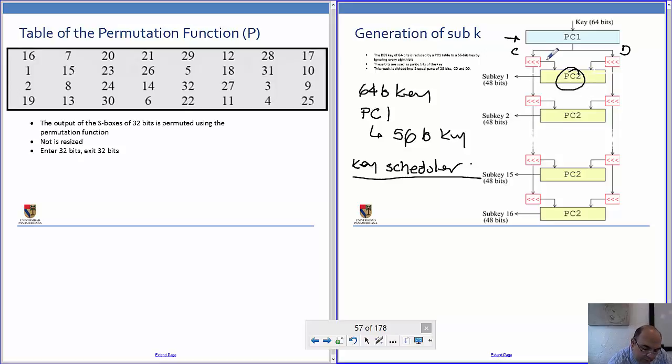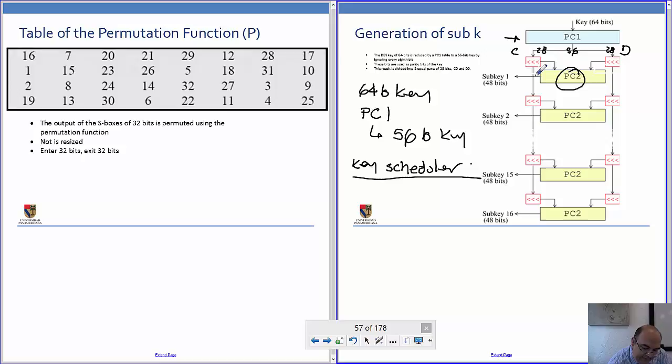Permuted choice 2, how many bits do we have here? After permuted choice 1, we are going to have 56. So if we divide it in halves, how many? 56 divided by 2 is 28. So we have 28 here, and we have 28 here.